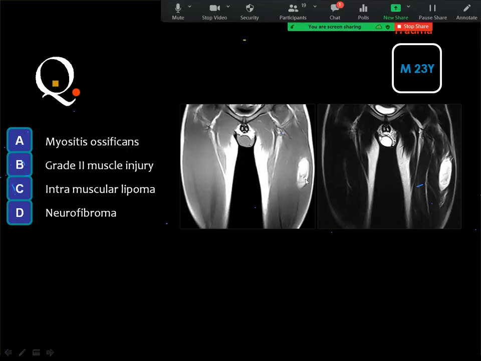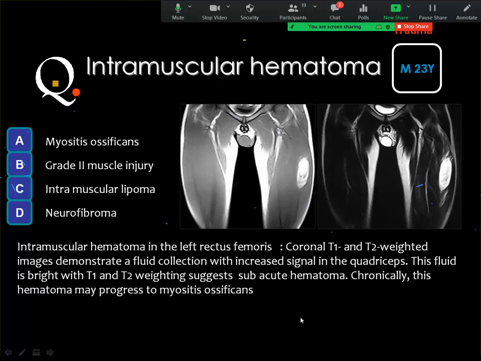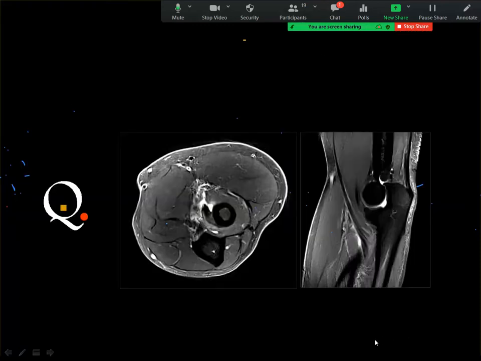This is a bright lesion in the T1 and also a bright lesion in the T2 weighted images, indicating the presence of blood. And the blood within the muscle is an indication of grade 2 muscle injury: grade 1 muscle edema, grade 2 muscle hematoma, grade 3 muscle disruption and atrophic changes. This is grade 2 muscle injury or intramuscular hematoma.